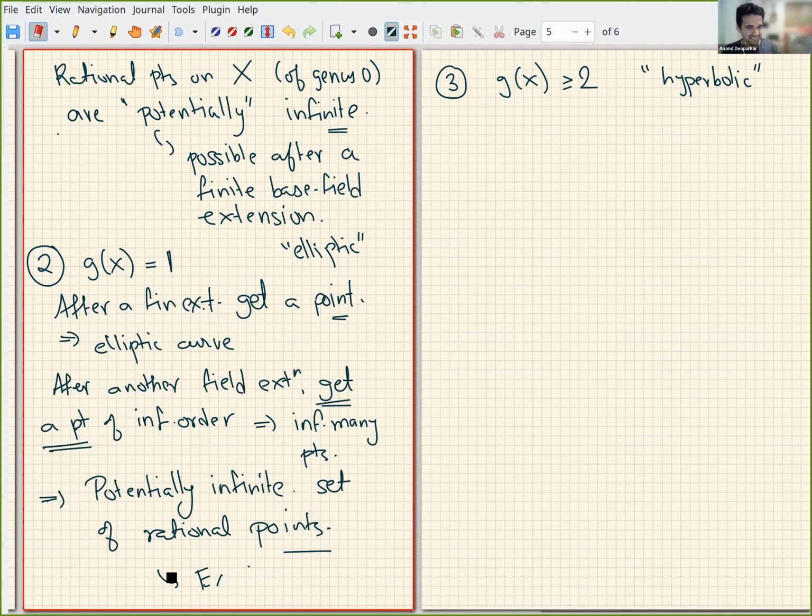I don't think it should be that hard if you know enough about elliptic curves. I'll just leave it, because I don't have an argument in my head right now. But it's true.